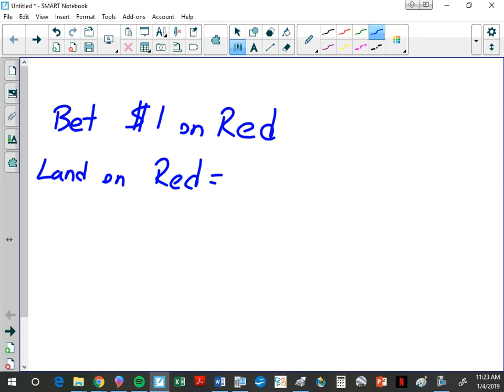I win $1. What do you mean by win $1? I get my dollar back and I win another $1. So in the end, I spent 1, so I had minus 1, and then I added 2 to that for a total of plus 1.